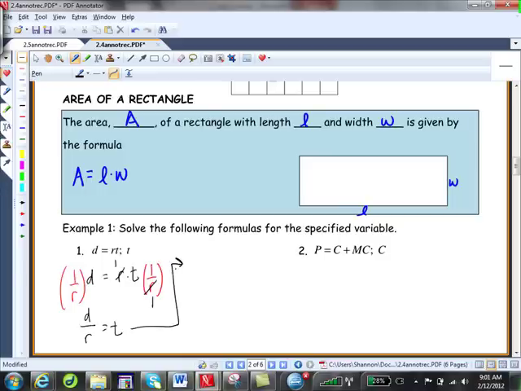So of course that means that time is equal to distance divided by rate. And that's the result. Now we're not going to be putting this one in roster notation because we've just rewritten this formula and isolated a different variable. So it's not a conditional solution to an equation.